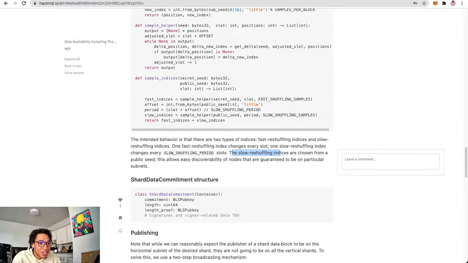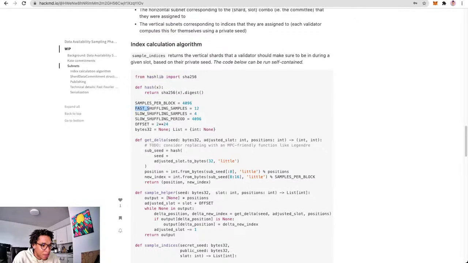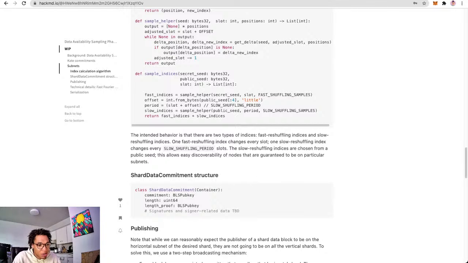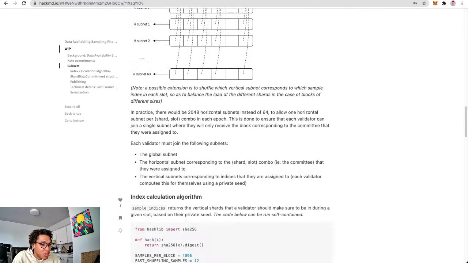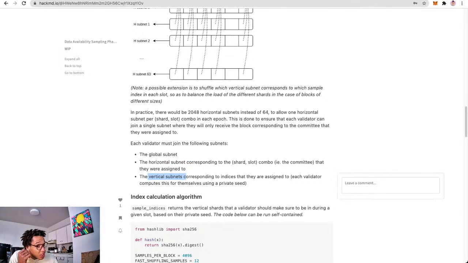So your fast shuffling is most of the nodes, but there is a longer period of time where certain nodes don't shuffle, so that you are able to know where those nodes are because they're not shuffling as often, allowing for node discoverability. Because you need to connect to a node on every subnet, it seems, right? Each validator must join all three subnets, but not all the data on all the subnets. Only all the data on the first global subnet.